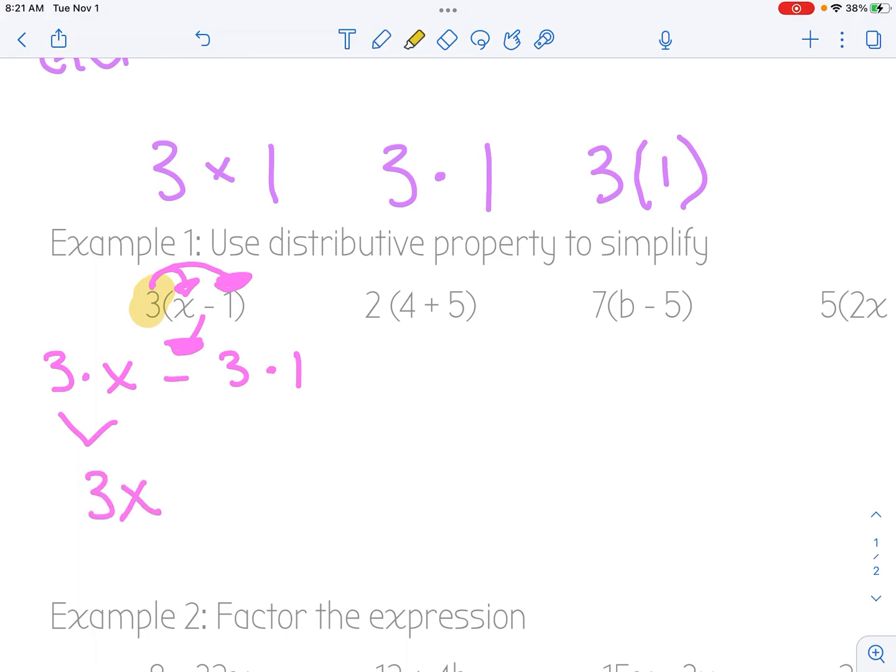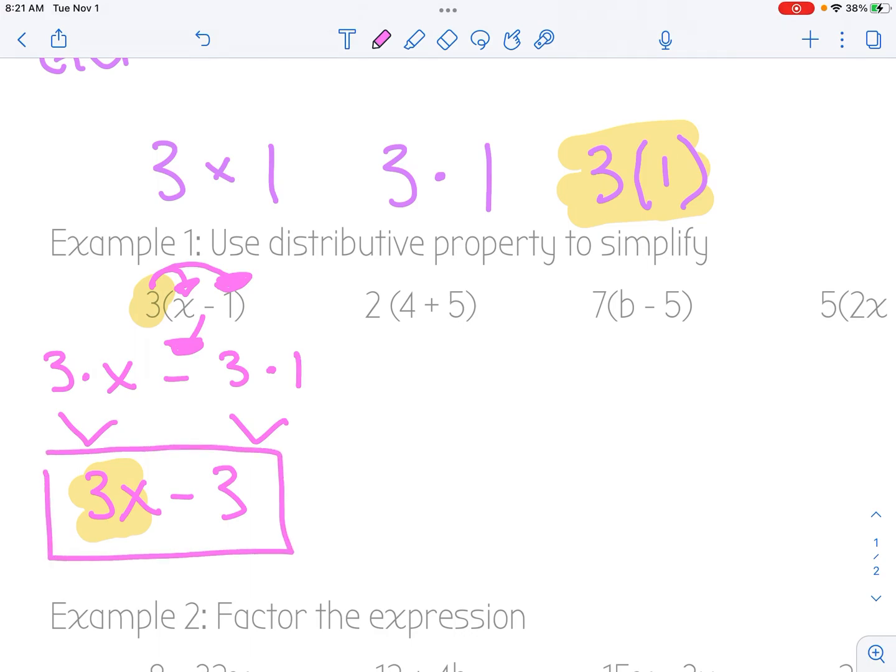So just like when we took out the signs and wrote with our parentheses, anytime a number is right next to a variable, a letter, that means to multiply. And we're going to keep our minus sign, and our 3 times 1 is what? 3. So to distribute the 3 in 3 times x minus 1, we're going to be left with 3x minus 3. And we're going to leave that there for right now. We're not going to touch it. That is our final answer.